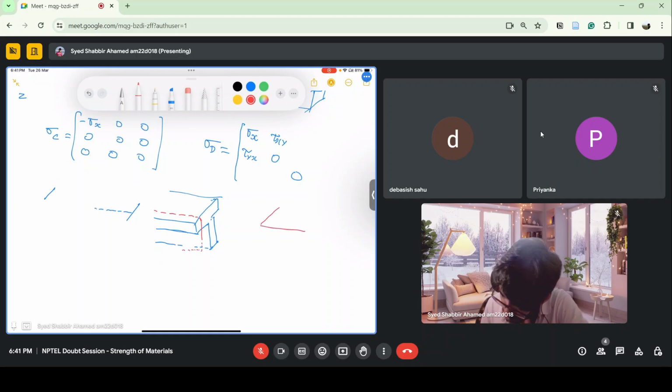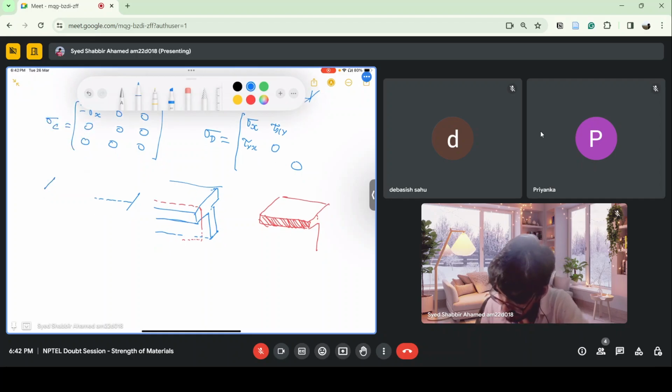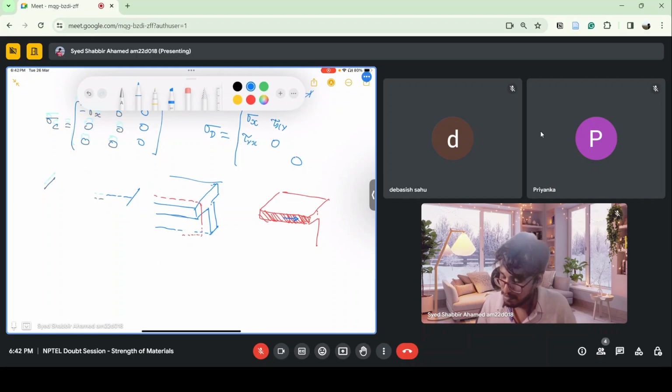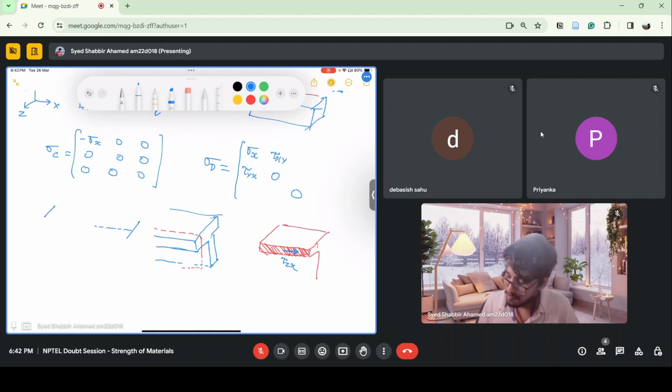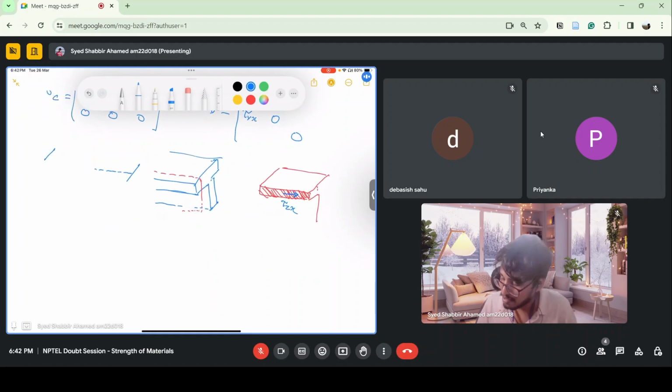On this part, this is the Z plane, and this is in the X direction. This is not YZ. Z plane, and in X direction, tau ZX over here. Why does this occur?